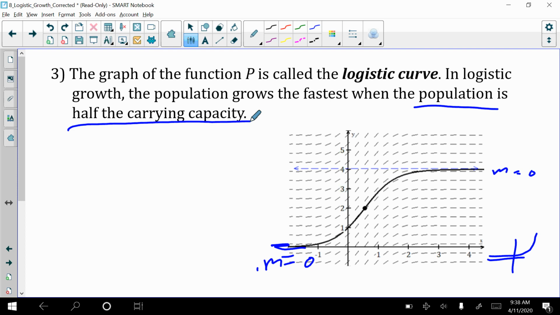So here we're going to say that the max value of dP/dt is when P is equal to half of the carrying capacity, or whatever L is divided by 2.